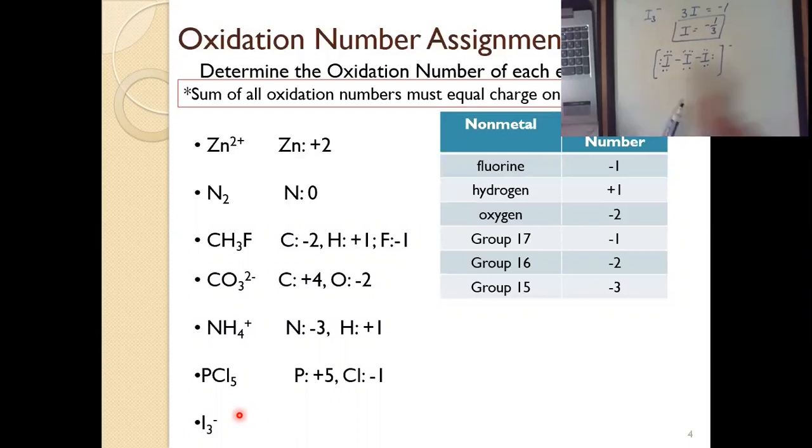Because the iodine atoms on the ends have oxidation numbers of 0. The oxidation number of the iodine atom in the middle is -1. So on average, they do in fact have an oxidation number of -1/3, even though no individual iodine atom has a fractional oxidation number. But we sometimes get fractions because, as I said, these are average numbers.